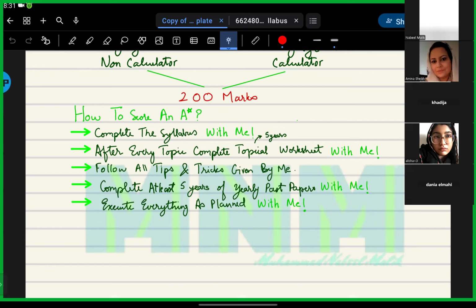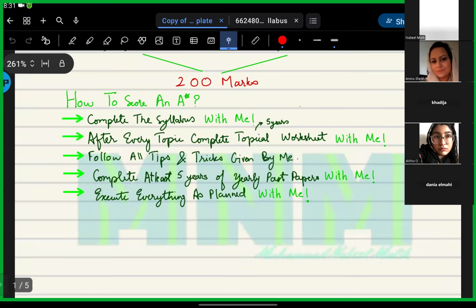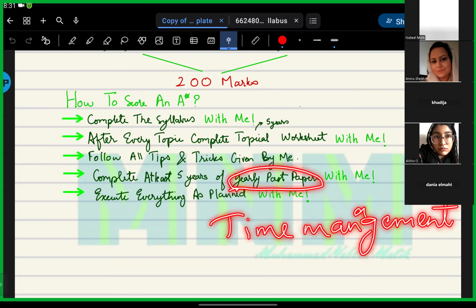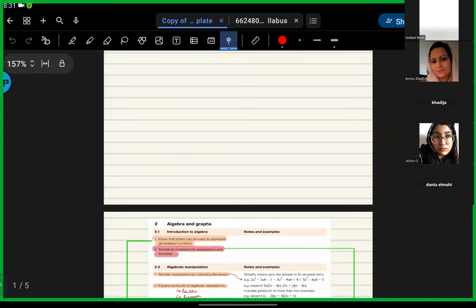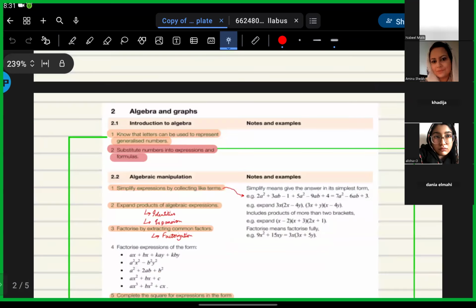They thought there was too much time for the paper, and they couldn't complete it in time. So what you have to practice in yearly past papers is time management. Time management is the key thing that you have to understand while doing yearly past papers.